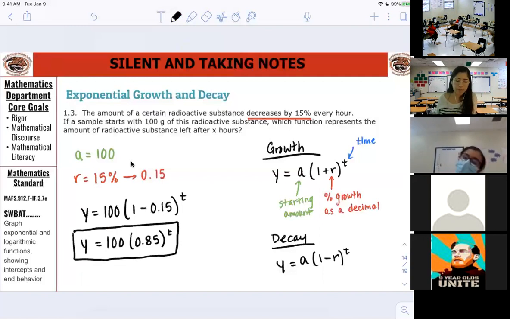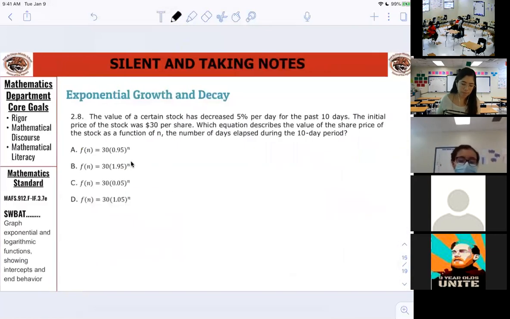Questions on how to make that function equation? No. Okay, try another one. This one all on your own. I'll read it. You guys think of the correct answer. The value of a certain stock has decreased by 5% per day for the past 10 days. The initial price of the stock was $30 per share.